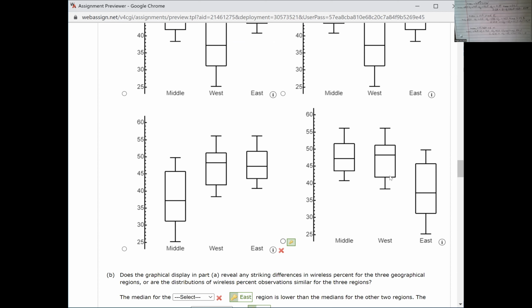Q1 for the West was 41.8, excuse me, 41.8, which is down here.